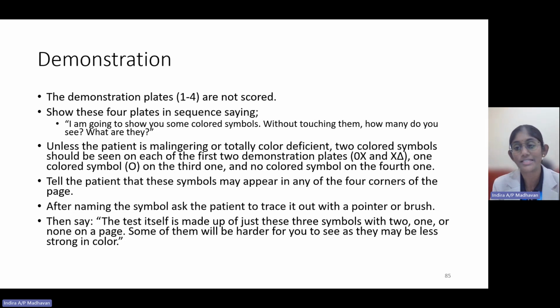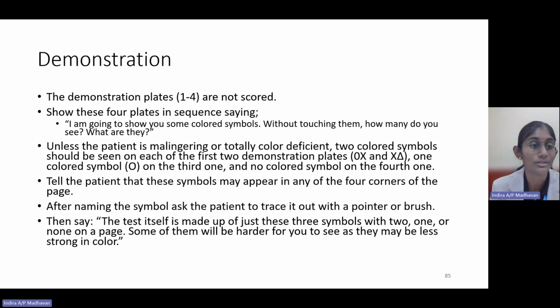Okay, so they have a series of plates that need to be introduced to the patient, and the recording is actually slightly different. How? Okay, first it starts with some demonstration, because we want the patient to understand how the task is actually conducted. So the demonstration plates, which are pages 1 to 4, are not scored.